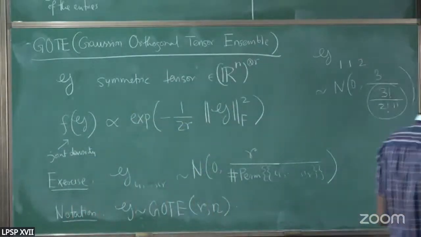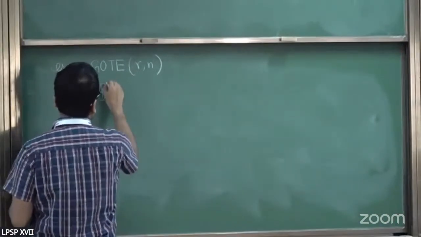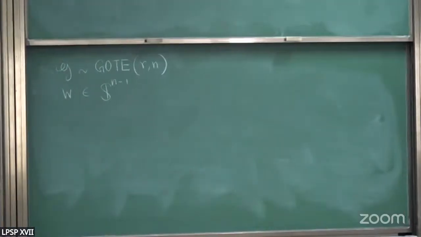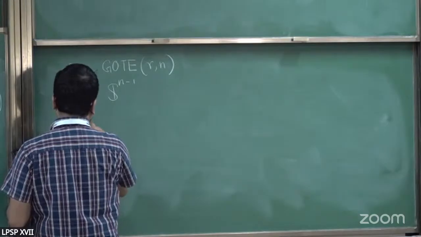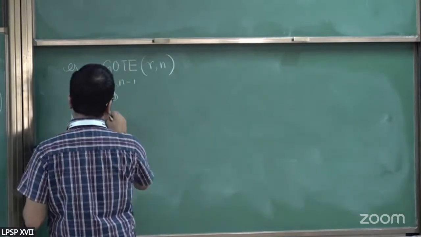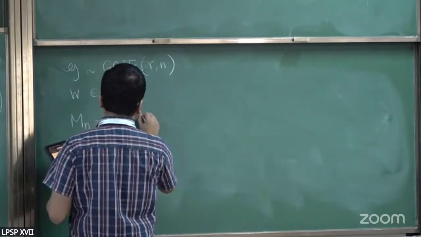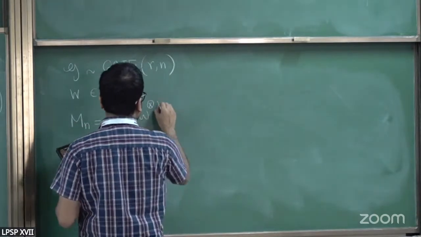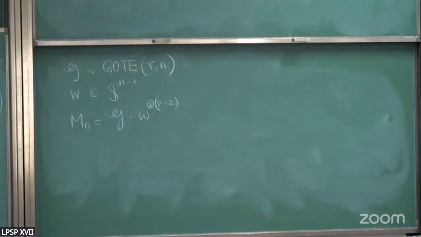So if G follows GOTE R and N, and W is a unit vector in N dimensions, let's look at this contraction. Okay, pure direction contraction.